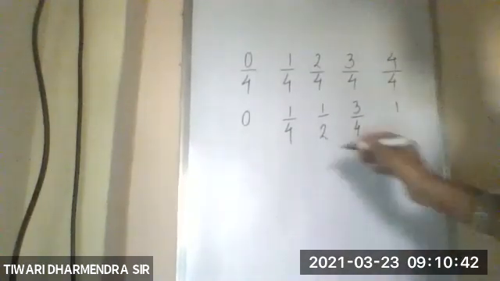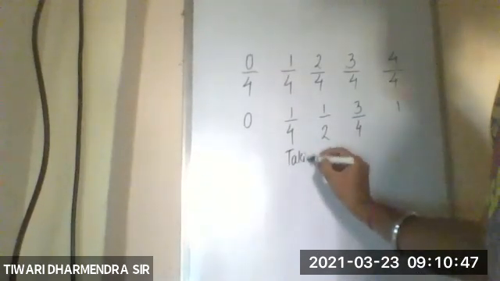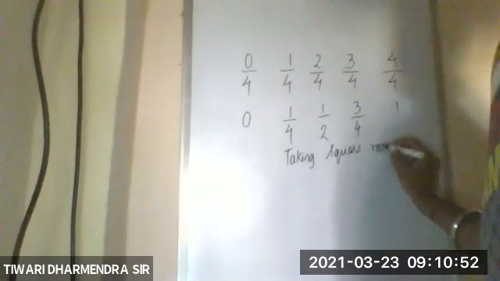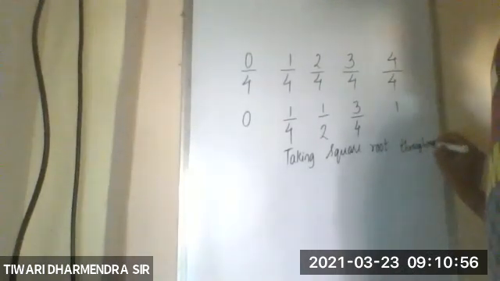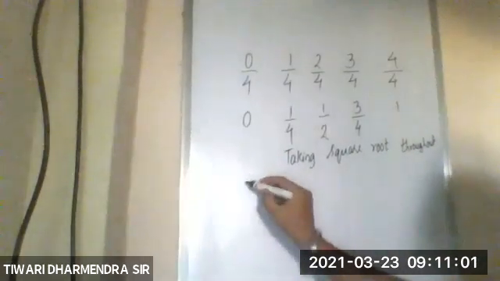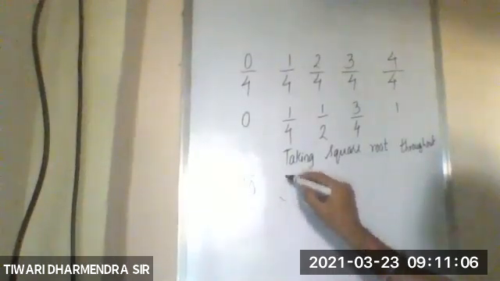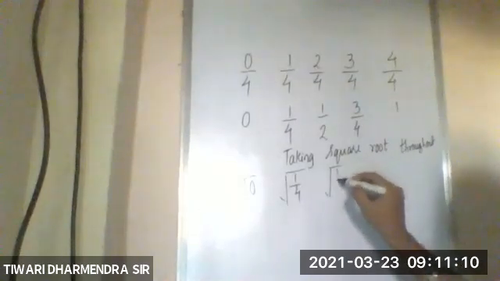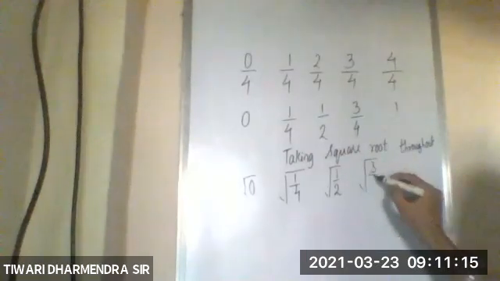Okay. Taking square root on both sides, or taking square root throughout. What you will be getting? Square root of 0, square root of 1 by 4, square root of 1 by 2, square root of 3 by 4.